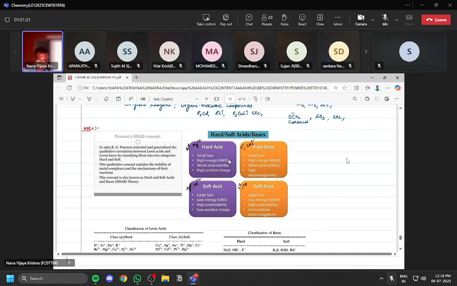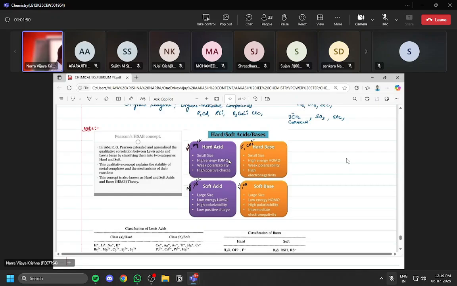Examples: Mg+2, H+, etc. Hard bases: small size, high energy LUMO, high energy HOMO, weak polarizability, high positive charge, high electronegativity. This is a hard acid, that is a hard base. Example, F-, carbonate, etc. Soft acids have larger size, soft bases have large size.